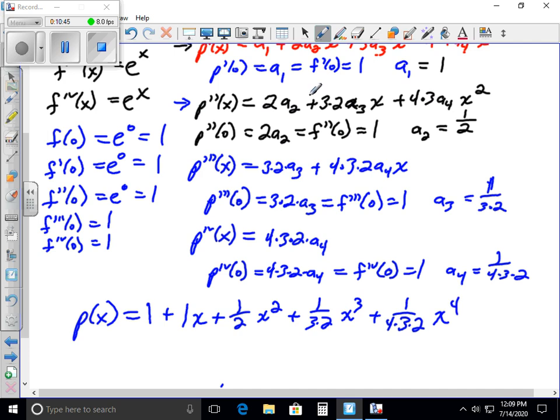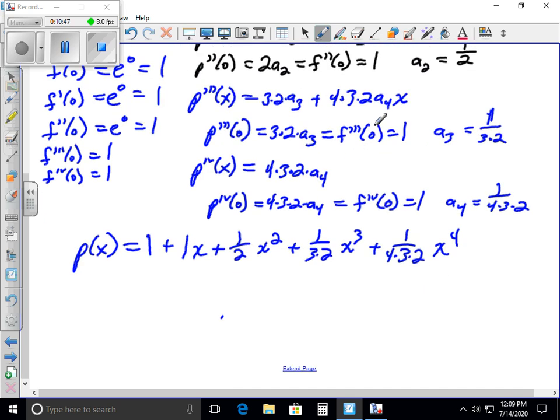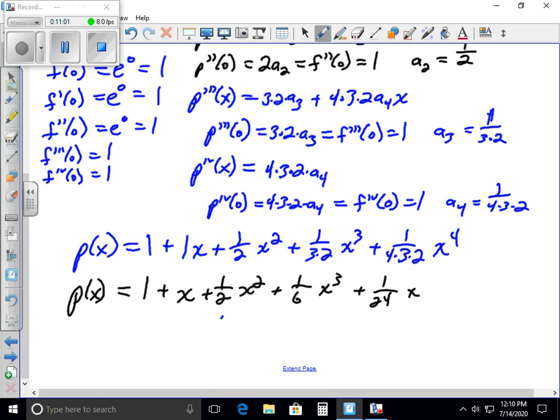And of course we could multiply those out, and we could call that 1 plus x plus 1/2 x squared plus 1/6 x cubed plus 1/24 x to the fourth.